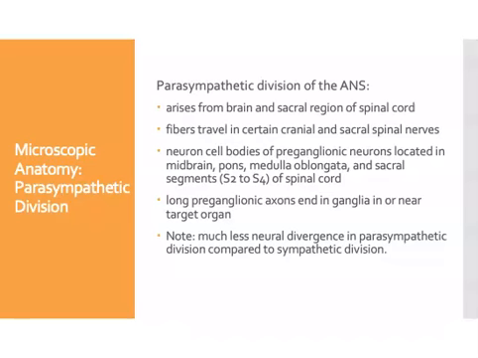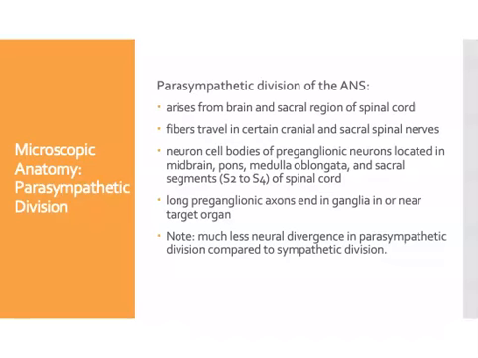What about the parasympathetic anatomy? In comparison to the sympathetic division, the parasympathetic division has its neuron cell bodies in the brain and in the sacral region of the spinal cord.